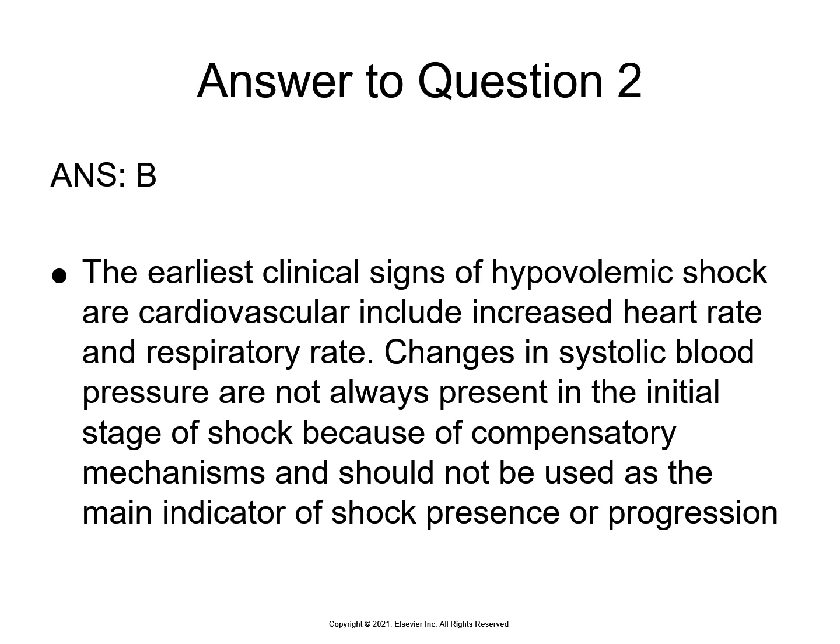Changes in systolic blood pressure are not always present in the early stage because this is a compensatory mechanism, and changes in blood pressure should not be used as a main indicator of shock presence or progression. Okay, this is early.